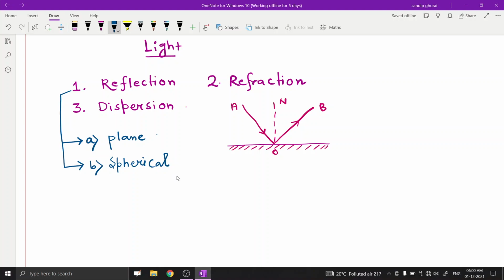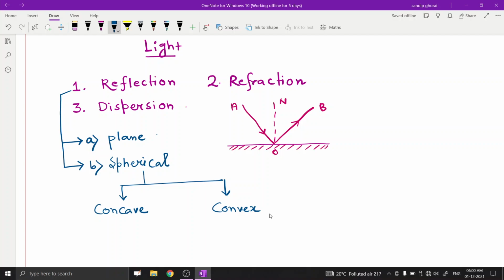And what is a spherical mirror? A spherical mirror means the reflecting or polished surface is curved. Here we also have to know spherical mirrors are of two types: one is concave mirror, and another one is convex mirror.